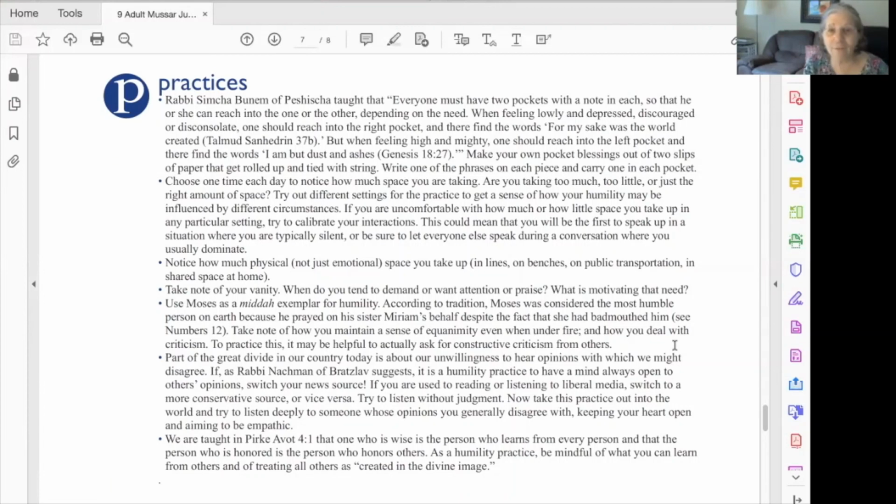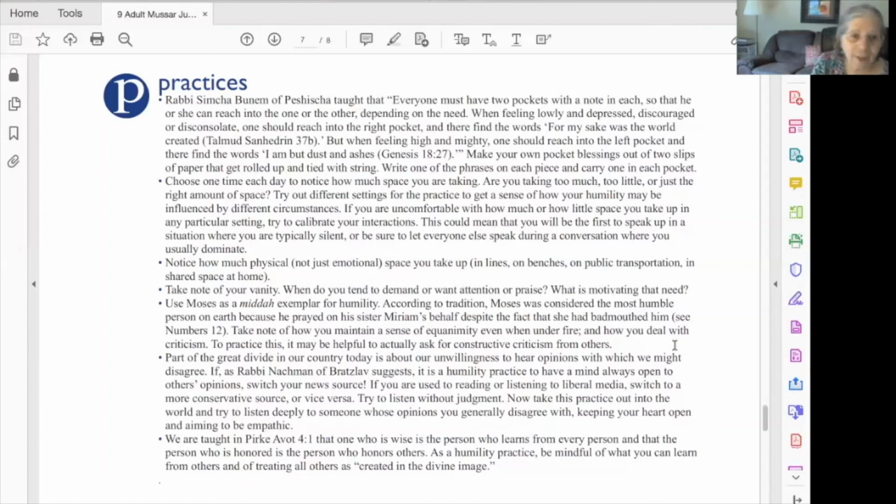And check this out in different places to see if it's your physical space, the space you're sharing in conversation, the space you take up at the dinner table, or with a group of your peers in, let's say, a book group discussion, or a Mussar class discussion, and try to find a balance, and try to recalibrate yourself, and see if you are typically the first one to speak up, or conversely to remain silent, if you might want to try a different tack and see how it goes when you alter your manner of interacting, your manner of taking up space with others.